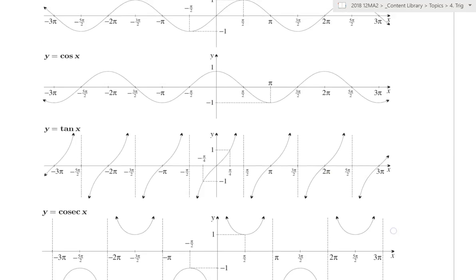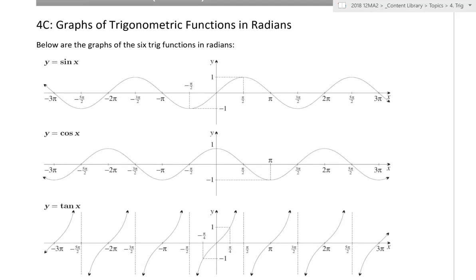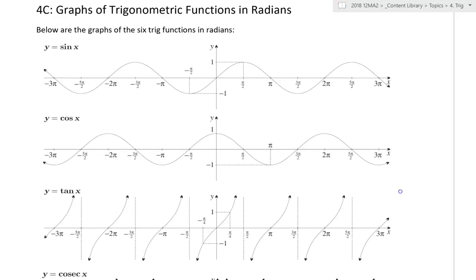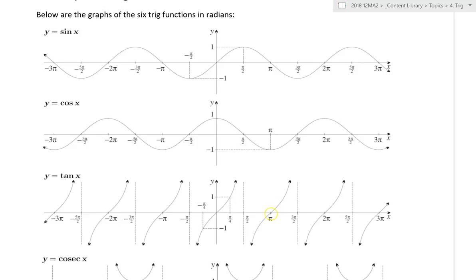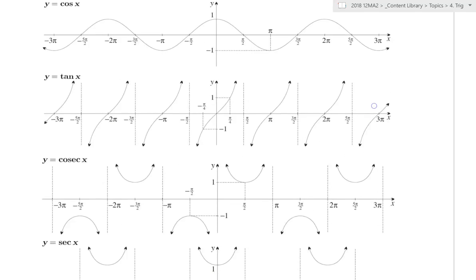Because of course every time one of our three basic functions is equal to 0, every time it crosses the x-axis, and they all do that frequently, the reciprocal of 0, 1 over 0, is undefined. So every time we have a 0, here, here and here, the corresponding reciprocal function will have a vertical asymptote.